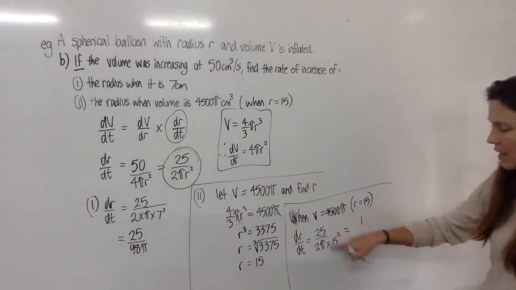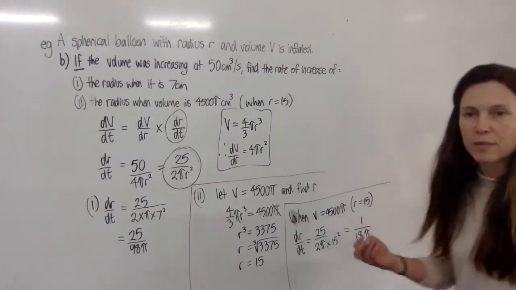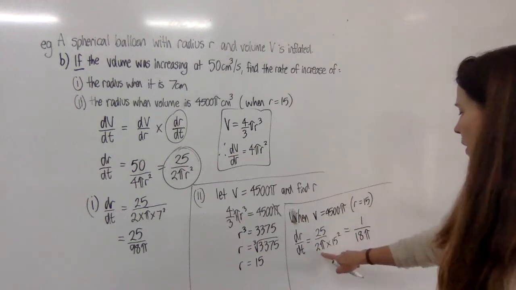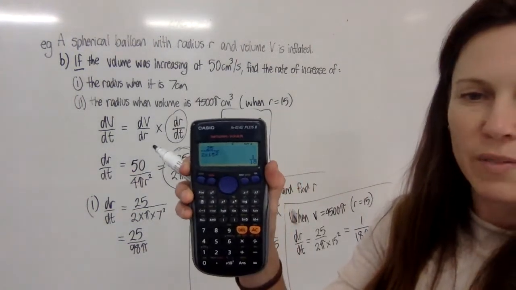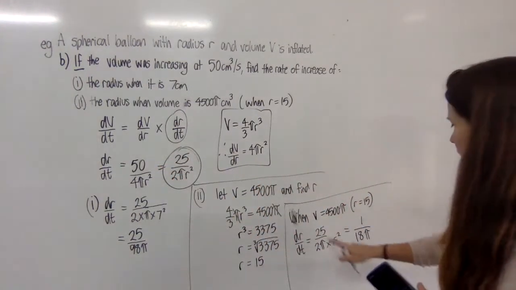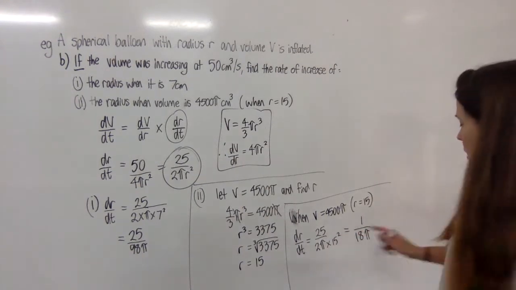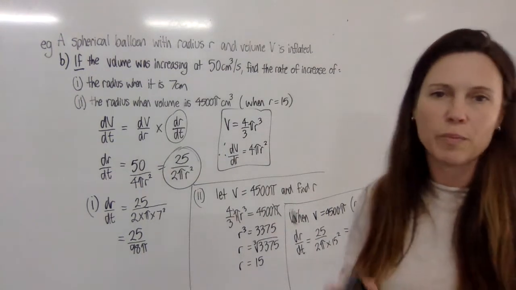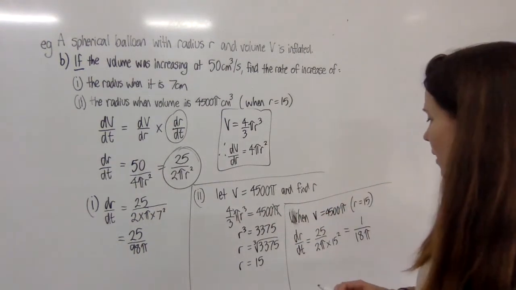That gives me 1/18 if I put it in without the pi. And writing it like that is much simpler than if I put the pi in, and then it would give me a nasty decimal. So I've basically just put in 25 over 2 times 15 squared to see what this fraction would be, and then I've just chucked the pi in afterwards. Of course, if they ask you to round it off, then you can just put the whole thing in your calculator and round it off to whatever the specification is.